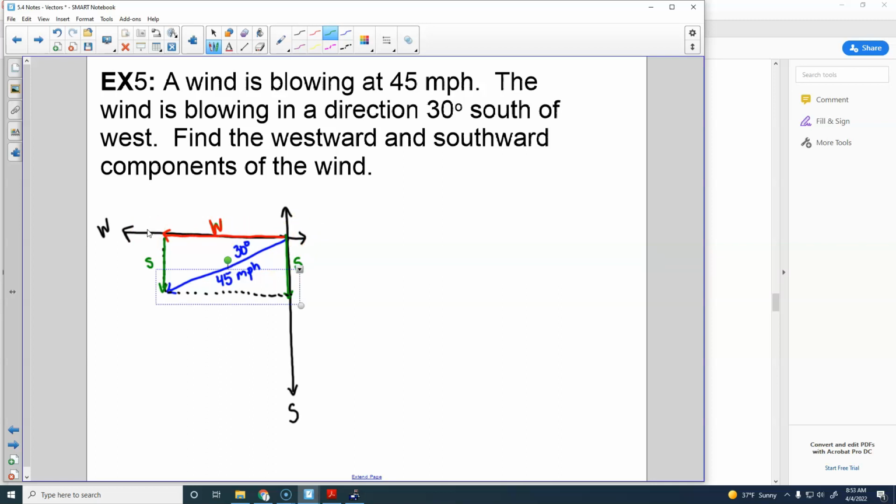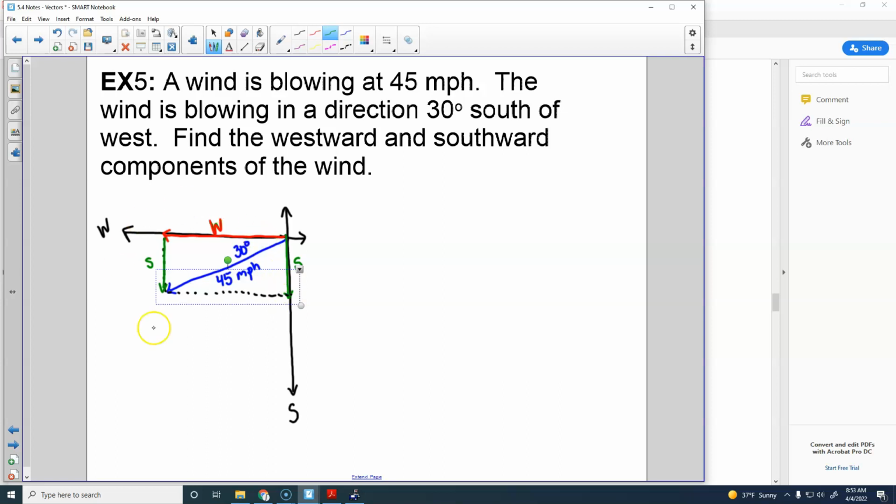So whenever you look at strengths of things that you would be designing, you would consider that westward component and what that would need to be. So there are times where you would need to break down west and south components.